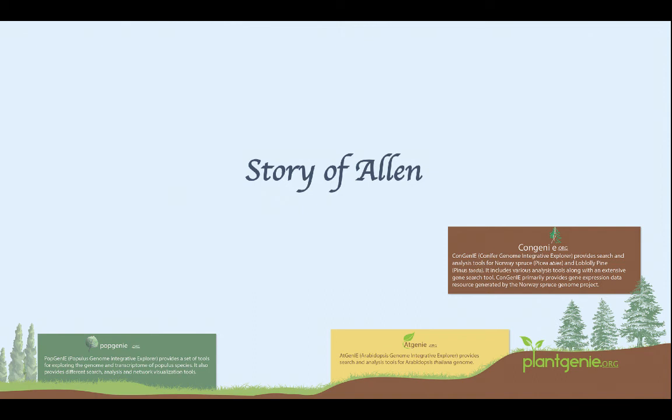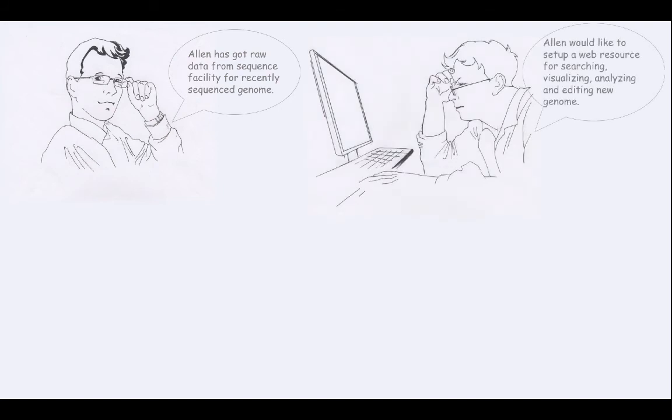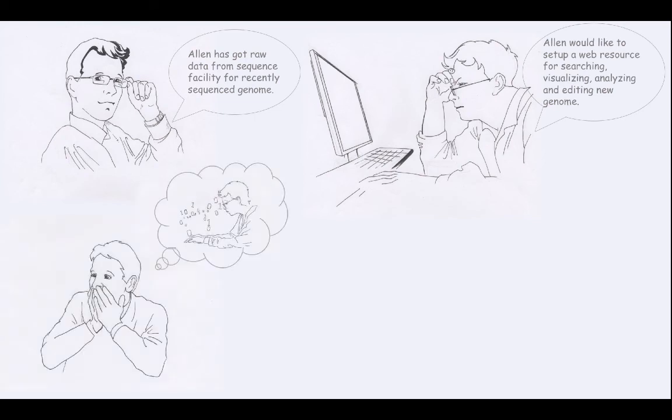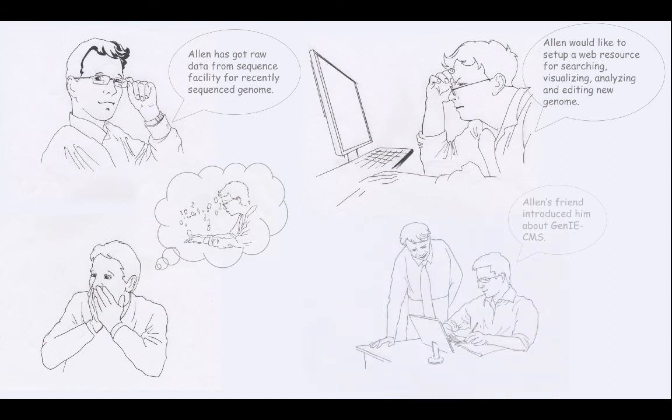But if I say like this, you can't understand the idea of the Genie CMS. I will show you a quick case study. This is Alan. Alan has recently got his privately sequenced genome, and he would very much like to have it as a web resource similar to PlantGenie for searching, visualizing, analyzing, and editing his private genome.